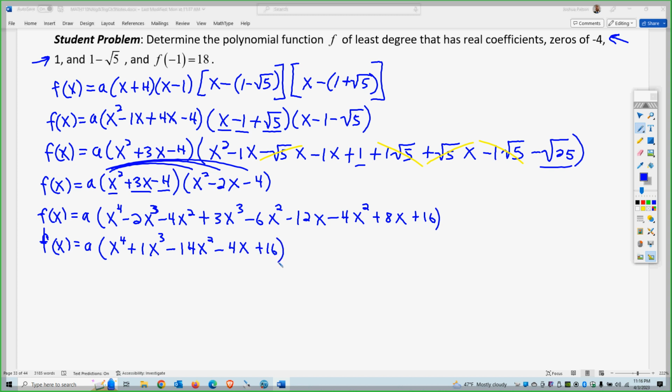Okay, so now we need to know what specific function this is. We need a coordinate. So this is the coordinate that's given. Okay, so we're going to say 18 equals a times the function evaluated there. So if I plug in a negative 1, x to the fourth is positive 1, x cubed is negative 1, x squared is a positive 1, and x is a negative 1.